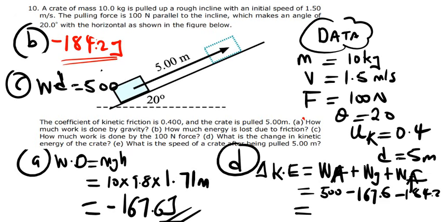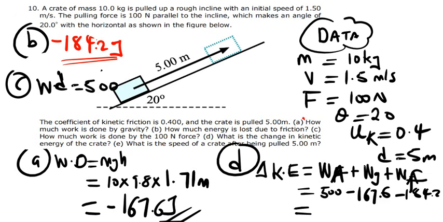So initially we were pulling it with 500 newtons. However, 167 due to gravity was pulling us down. Then there was also friction, 184. Basically we now want to find the energy, in terms of change, how much has changed.